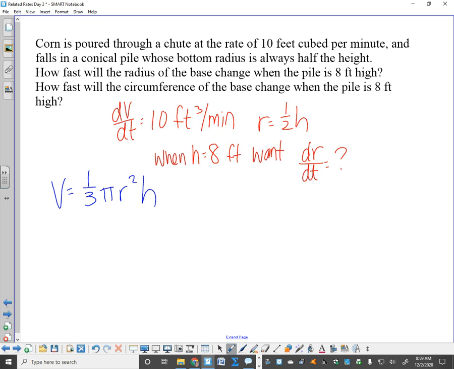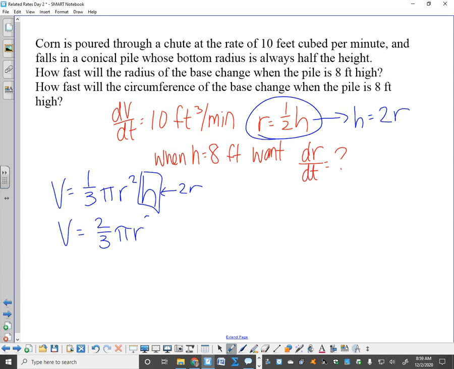Okay? So I am going to take this formula. I want to replace h. So I'm going to solve this guy for h. So h equals 2r. So if that becomes a 2r, this formula becomes 2/3 pi r cubed.